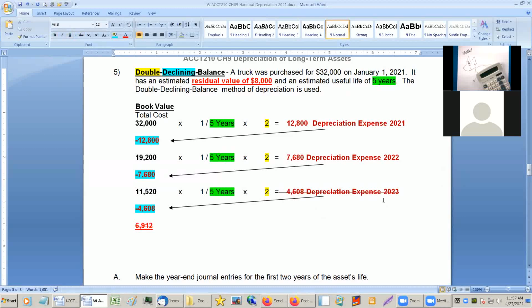Yeah, so we can't depreciate 4,608. It's too much. So the question becomes, how much can we depreciate in year 2023? We can't depreciate 4,608 because it goes below our residual value.